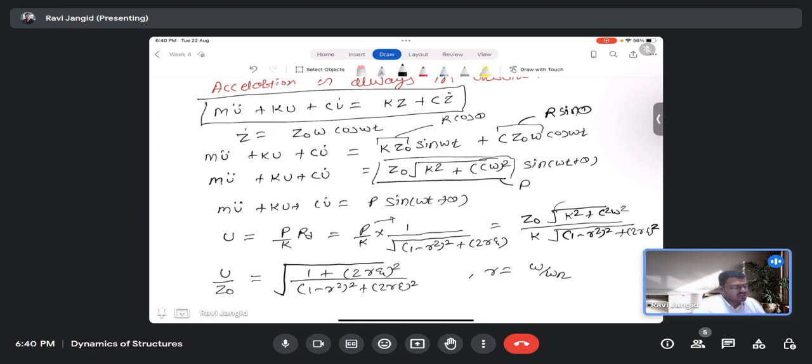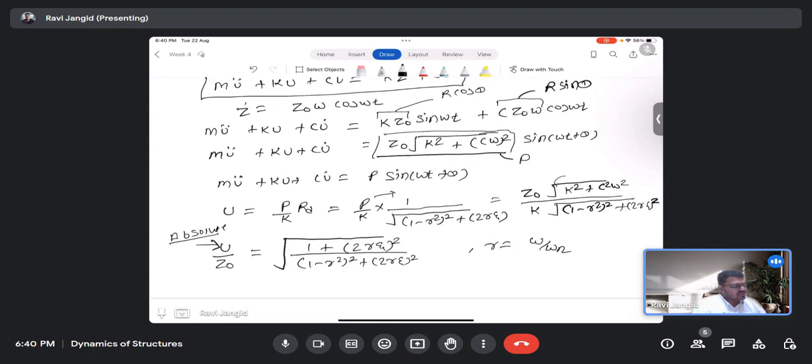Here this u is the absolute. For the relative, we will discuss in another problem. So this is the transmissibility you need to find out in this part.